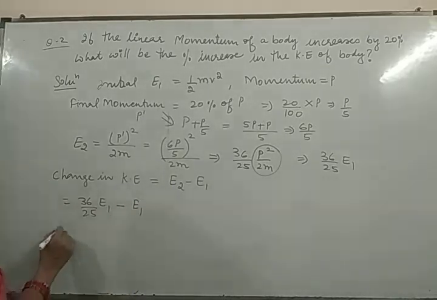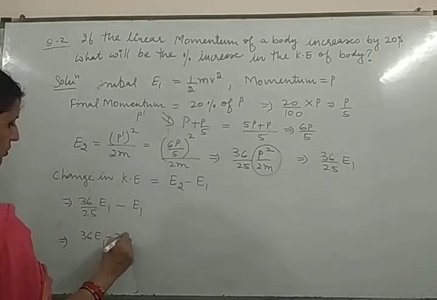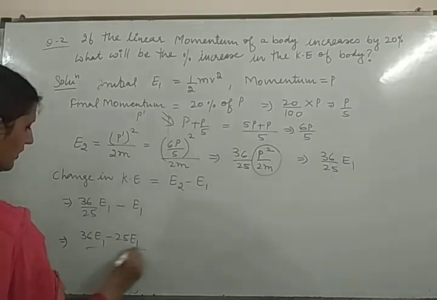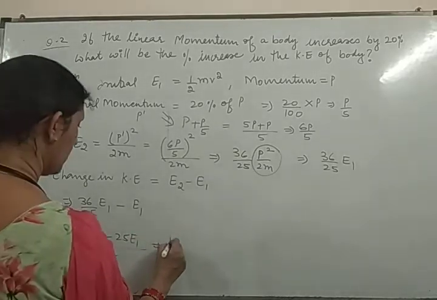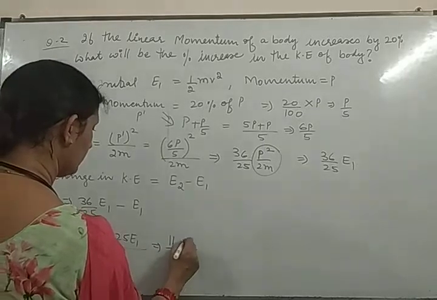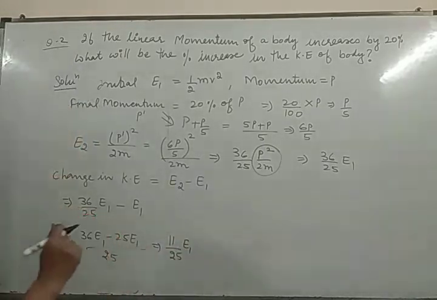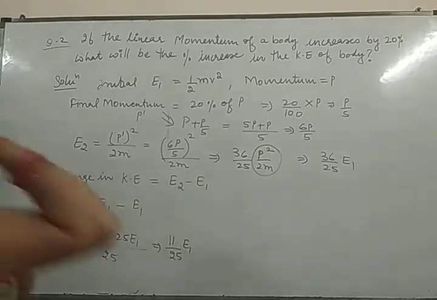So the solution will be 36 E1 minus 25 E1 divided by 25, and this comes out to be 11 by 25 E1. This is the change in kinetic energy.